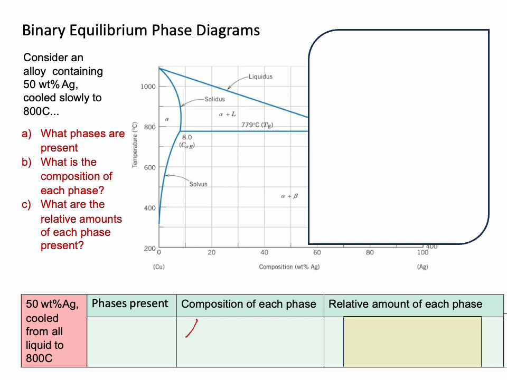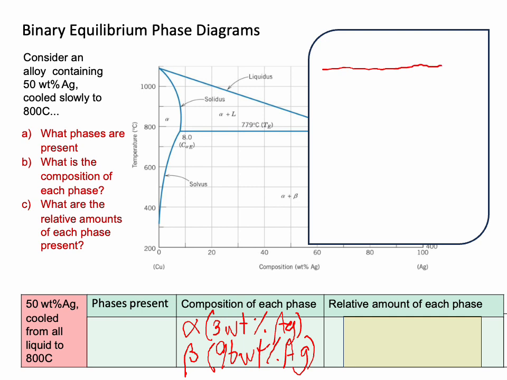So again, alpha was 3 weight percent silver, and beta was 96 weight percent silver. And I'm still at 50. So my alpha is at 3, and my beta is at 96.